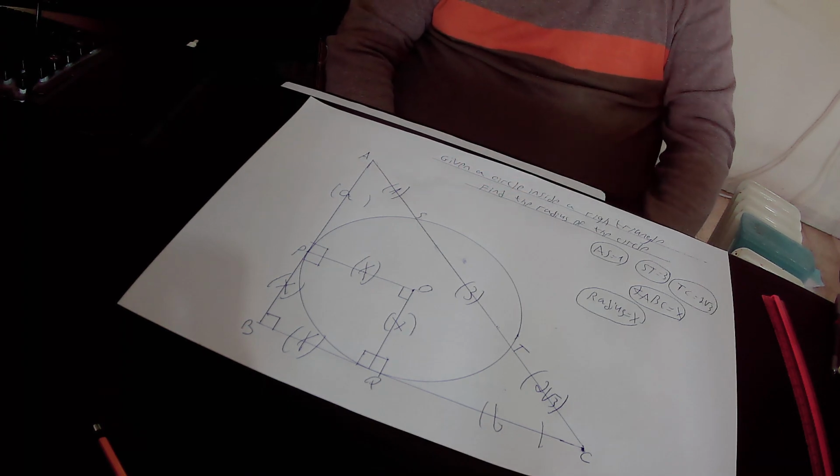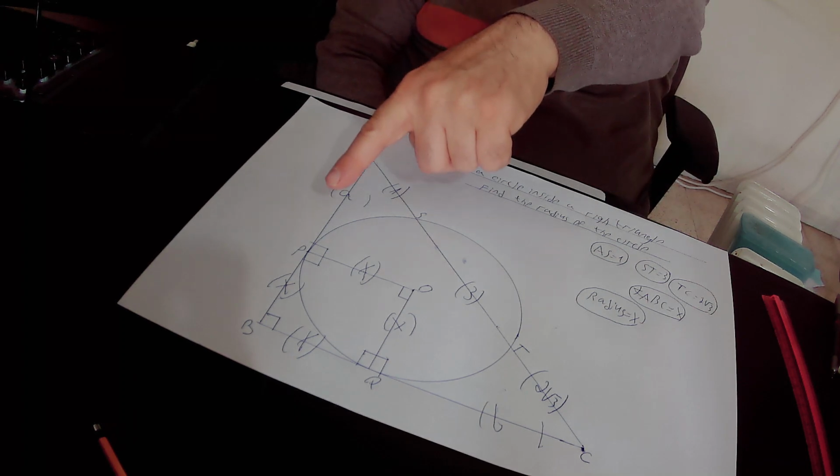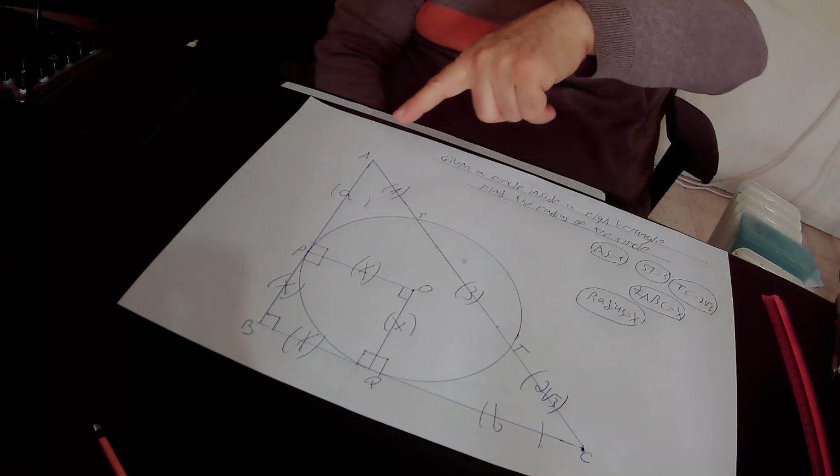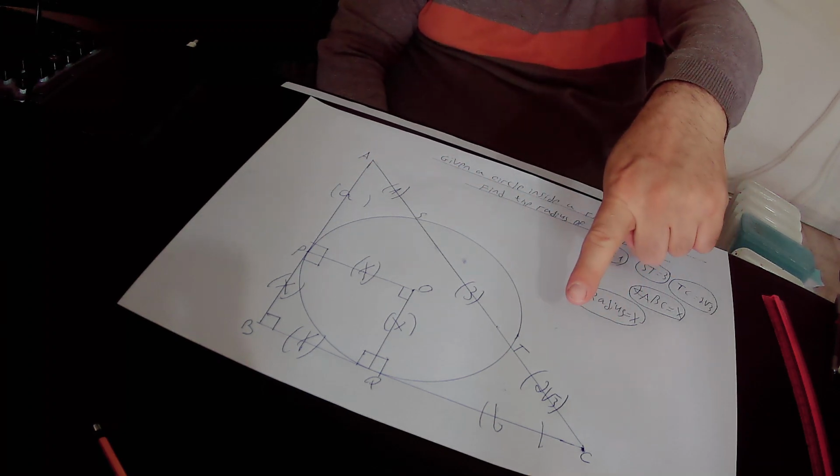So all the requirements of rule 10 are met, and therefore we can implement rule 10. According to rule 10, AP square equals AS times AT. Again, AP square equals AS times AT.